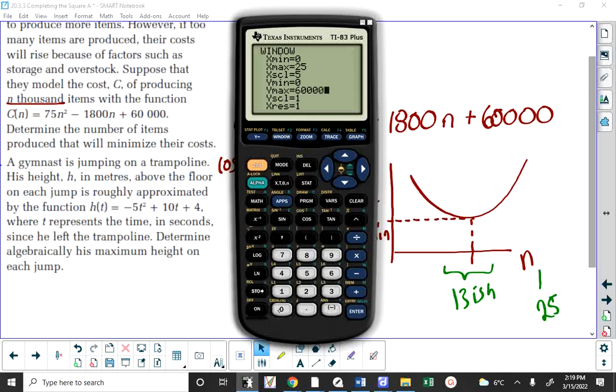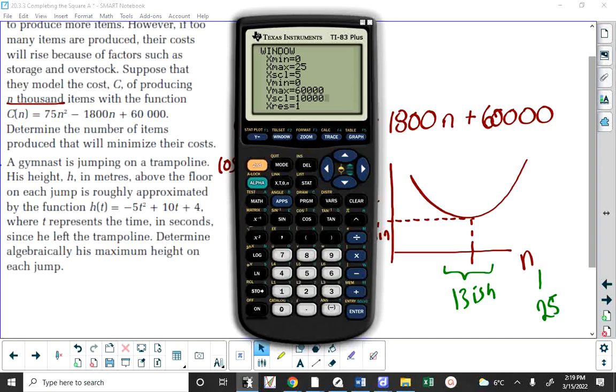Think about that. If I leave the scale as 1, it's going to have 60,000 ticks running up the vertical axis. So you might want to change the y scale to 10,000. Then it's going to put a tick at 0, 10, 20, 30, 40, 50, 60,000.